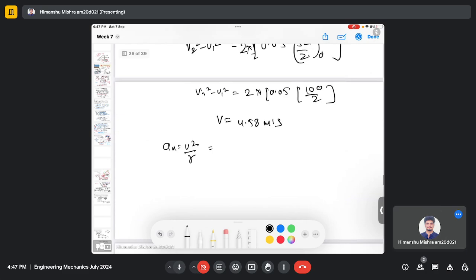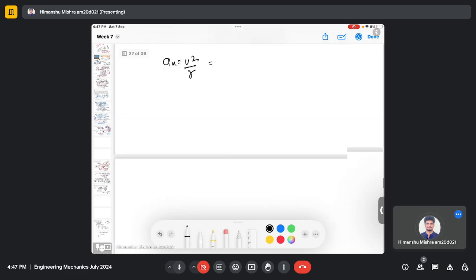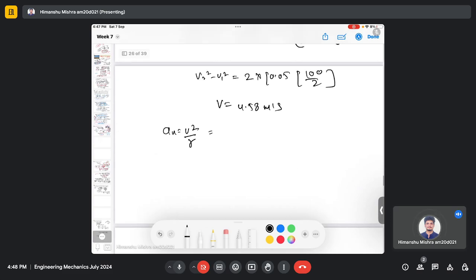So it is 4.58 squared by 50. So it's 0.419 meter per second squared.